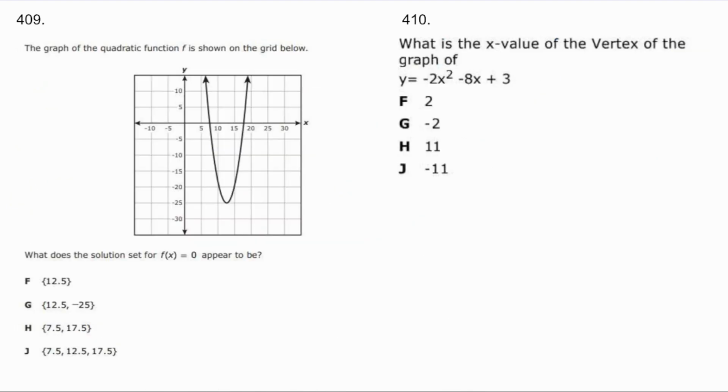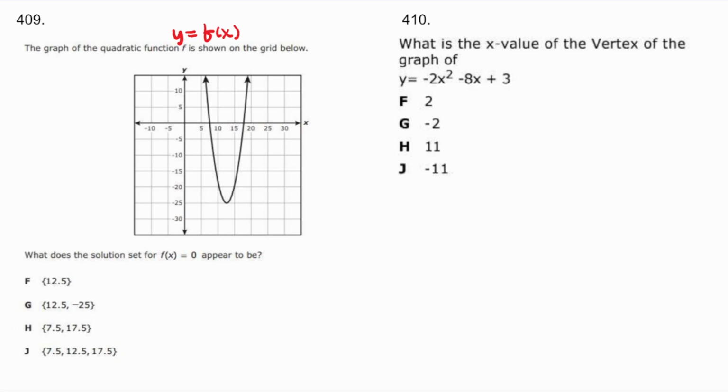Right, and on the next one, I really like this one. This one's saying, what does the solution set for f of x equals 0 appear to be? I think this problem should have come with the disclaimer y equals f of x, being most technically correct, but I think you know what that means.